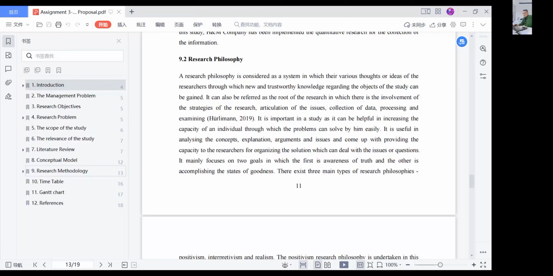And next is the research philosophy. A research philosophy is considered as a system in which there vary through all the ideas of the researchers, through which new and trustworthy knowledge regarding the objects of the study can be gained.